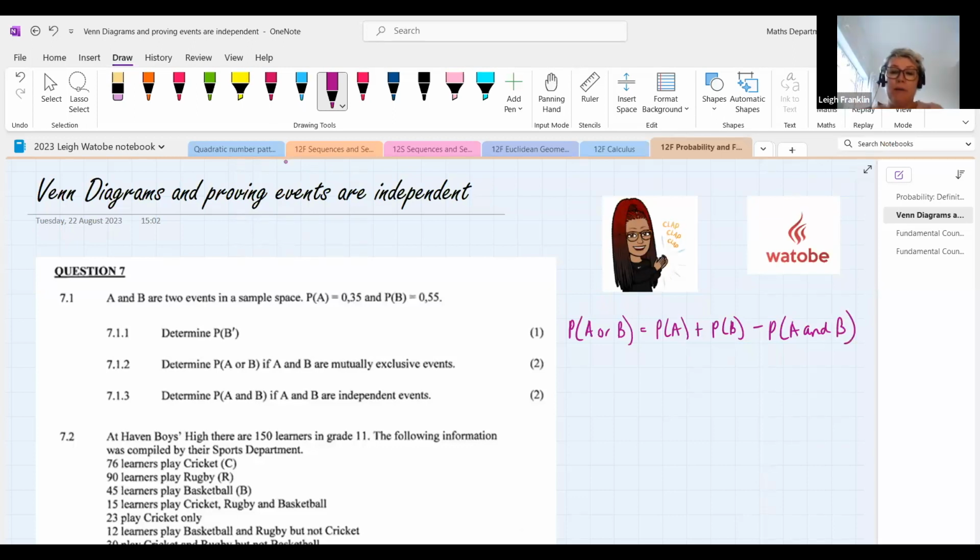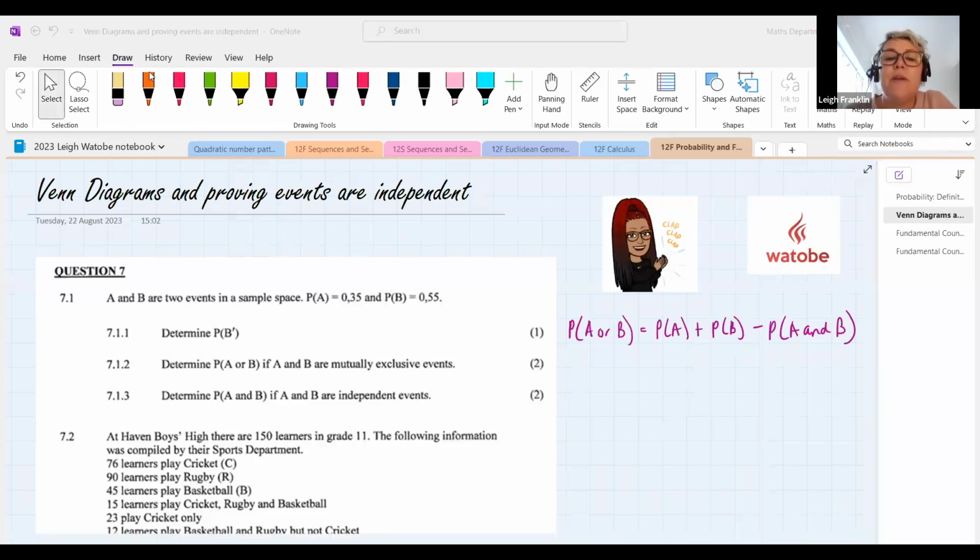You know which formula I'm talking about. They sometimes call it your addition rule.